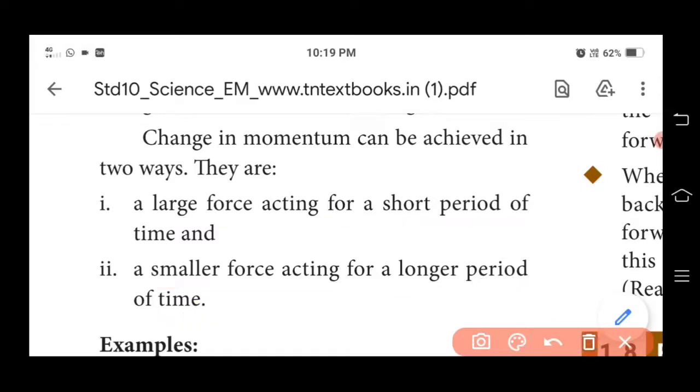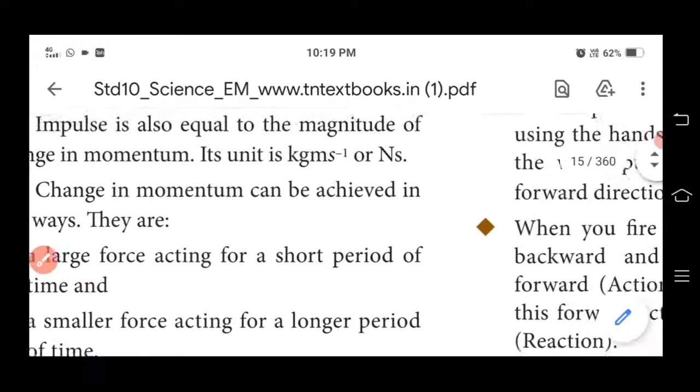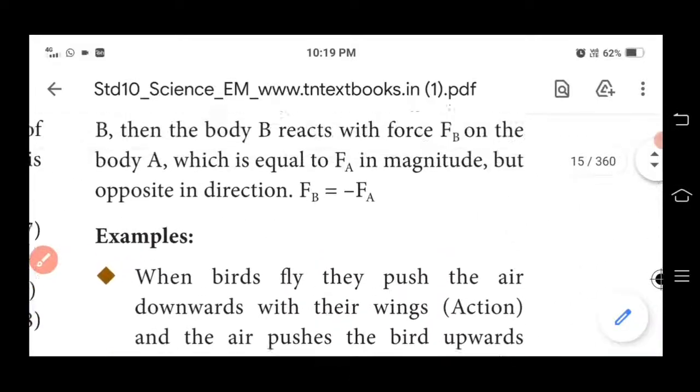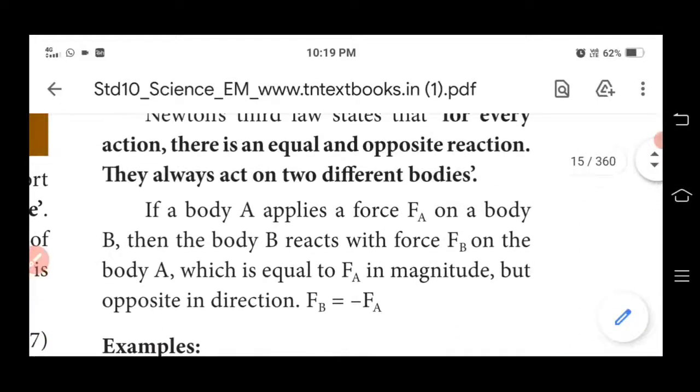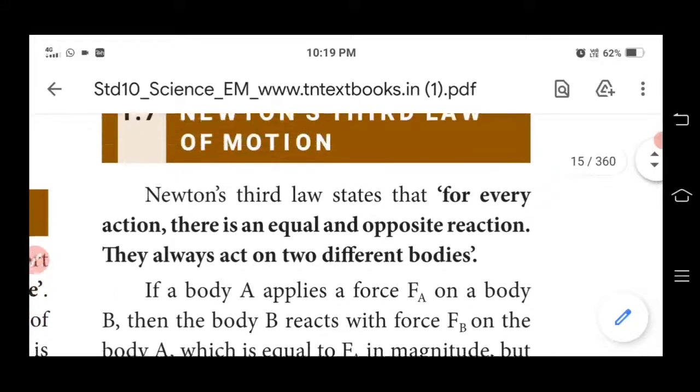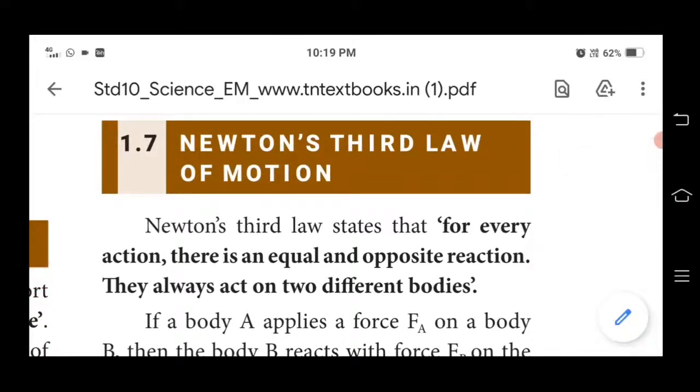And the second one is Newton's third law. You all know Newton's third law very well. For every action there is an equal and opposite reaction, and they always act on two different bodies.